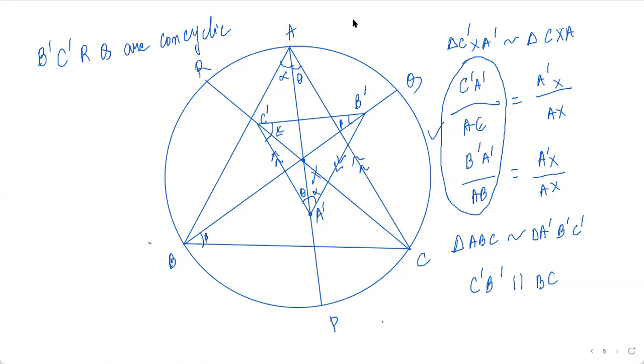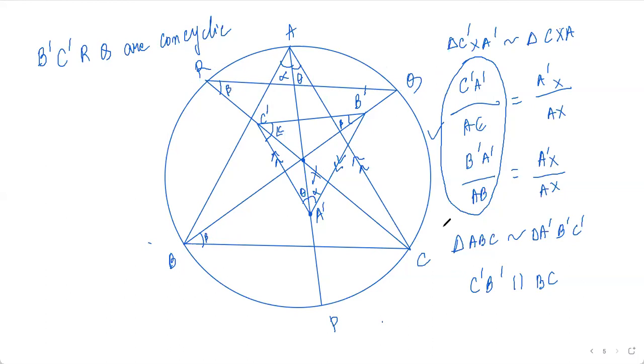CRQ. Okay, let me join R and Q then. CRQ is also equal to beta because it is subtended by QC.